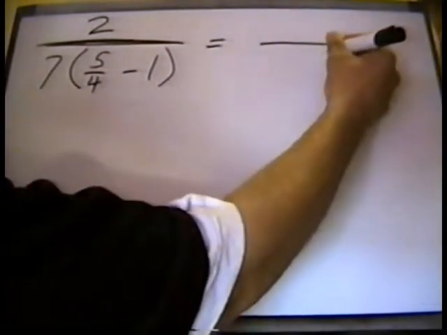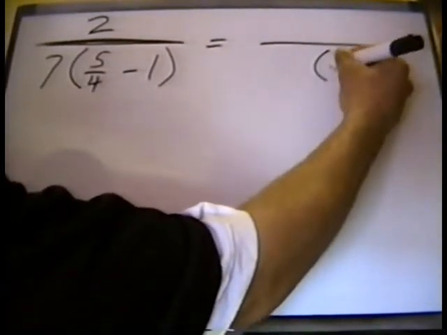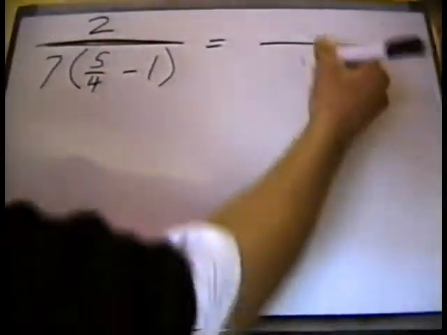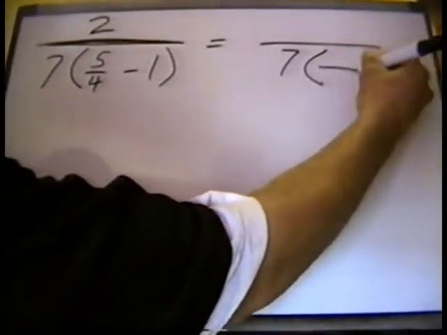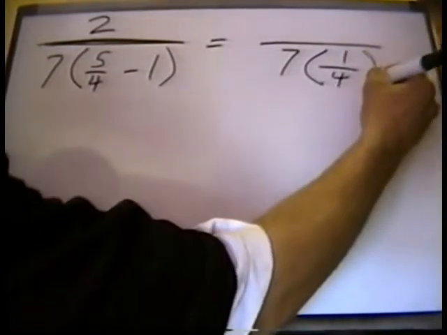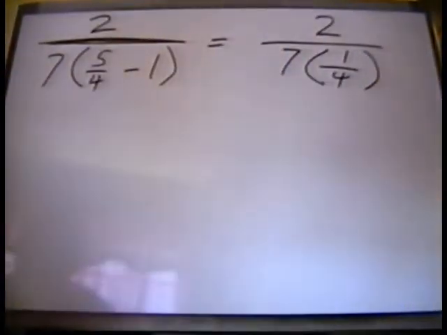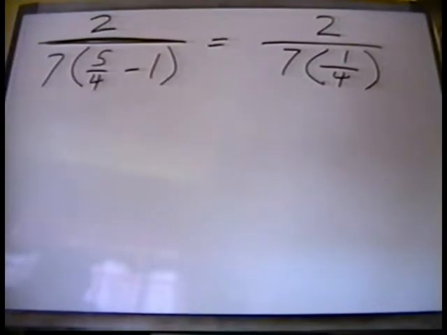So you're going to get 7 multiplied by 1/4 under 2. Okay. 2 over 7 times 1/4.